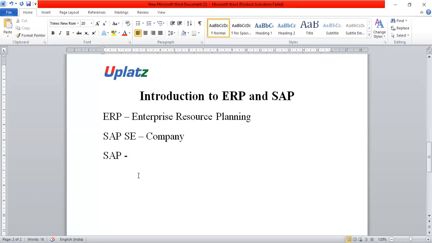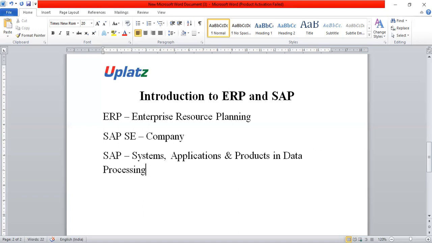This SAP means Systems, Applications and Products in data processing. So this is the relationship between ERP and SAP.